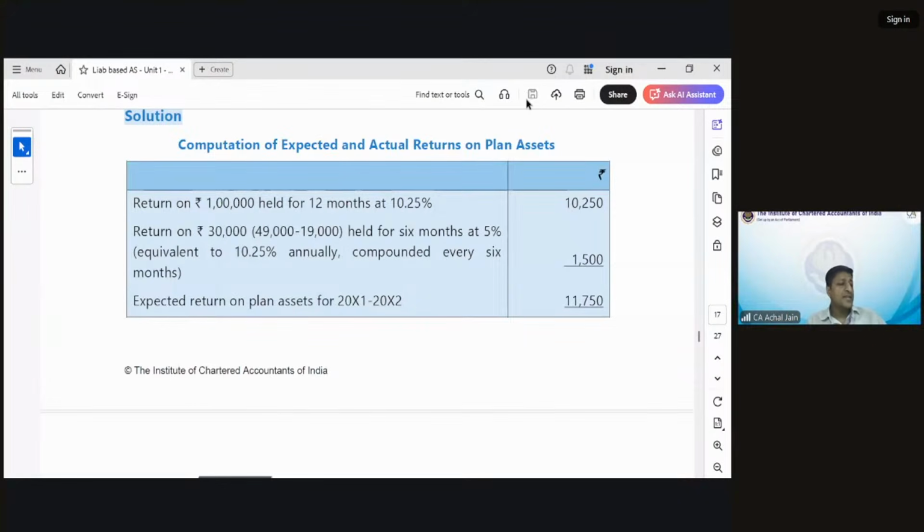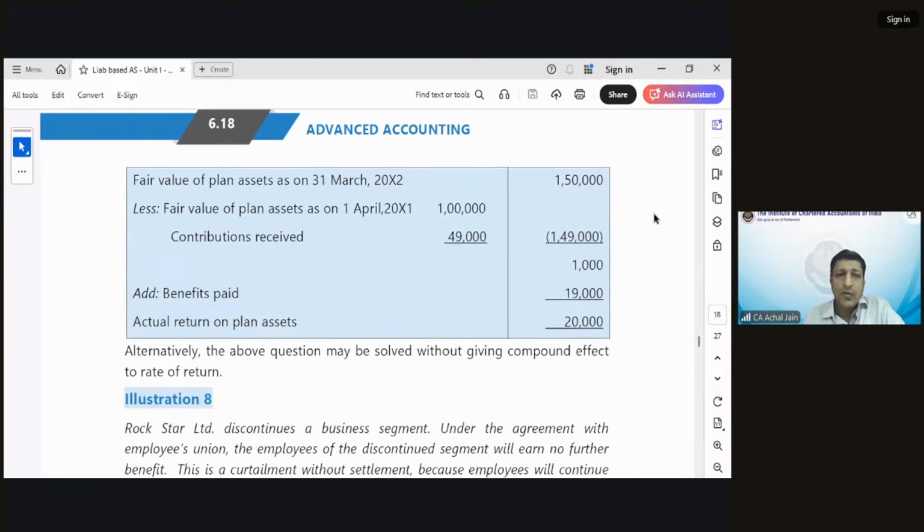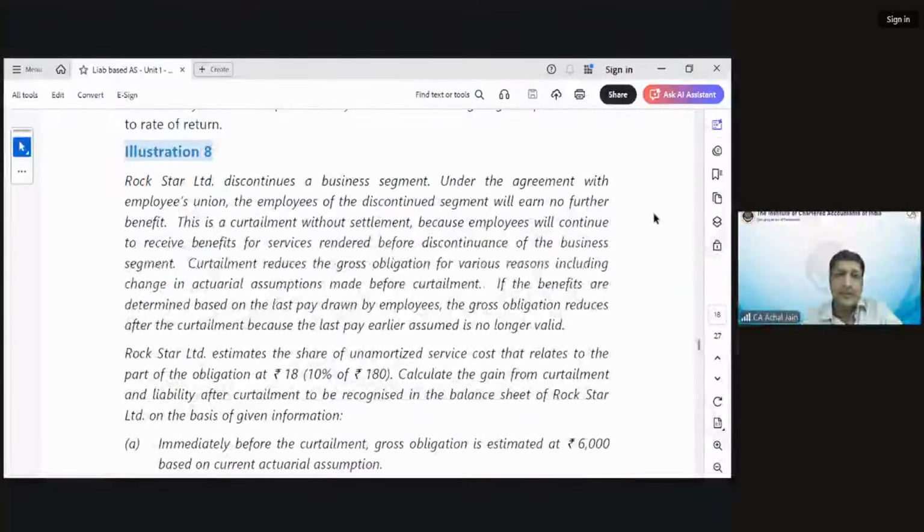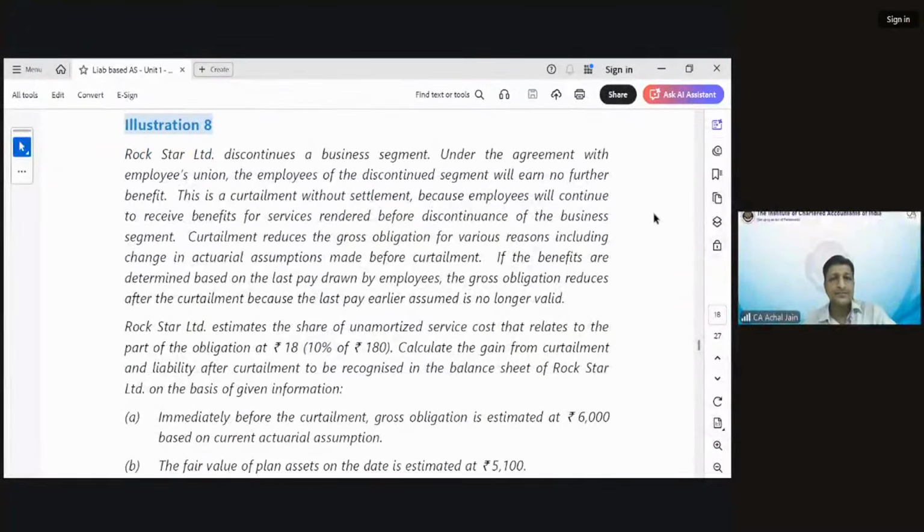Okay, so let's pick up the next one. All right, now moving on to the next question, Illustration 8. Rockstar Limited discontinues a business segment. Discontinues means they are shutting down this particular segment.